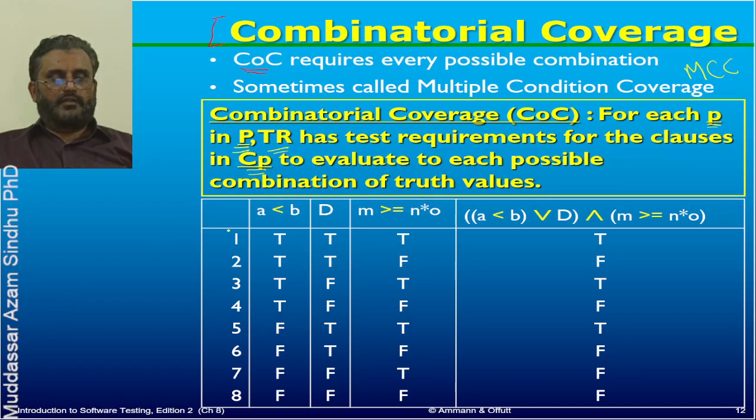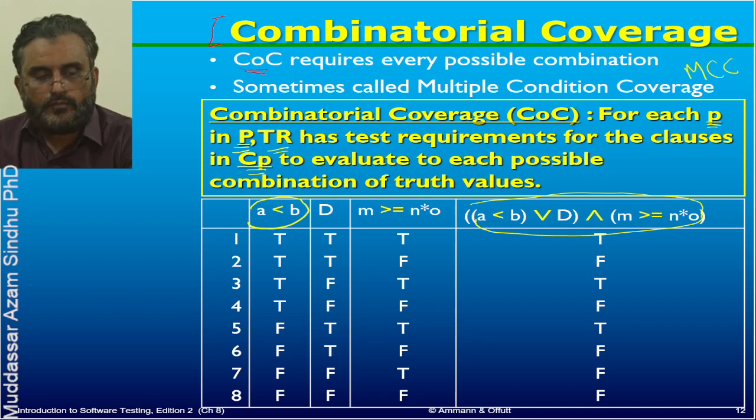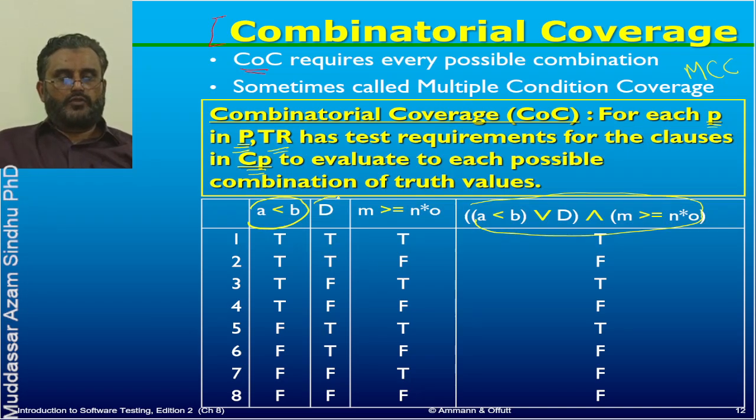Here is an example. We have this predicate, which you can see in the rightmost column, and in the left part of the truth table we have all the clauses. In the middle column you see this boolean variable D, and in the fourth column from the left you see the third clause in the predicate, which was m greater or equal to n times O. Since there are three clauses, each clause can evaluate to either true or false.